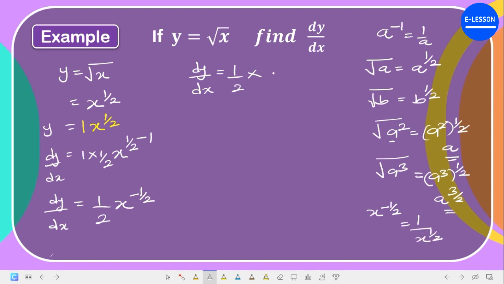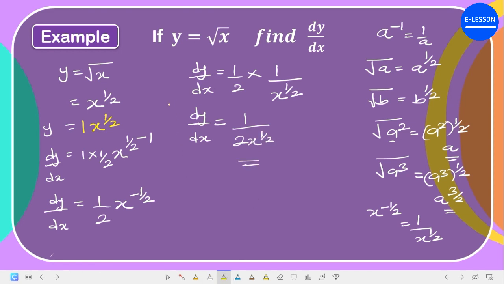So this becomes 1 all over x raised to the power of half. That's the meaning of what we have here. This will give us dy/dx is equal to 1 times 1 is 1, all over 2 times everything here, which gives us 2x raised to the power of half.